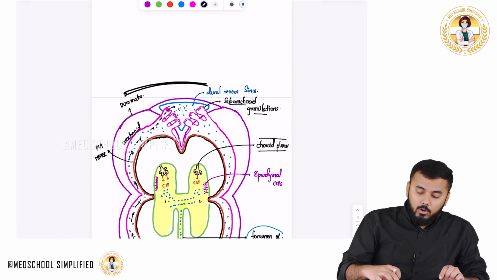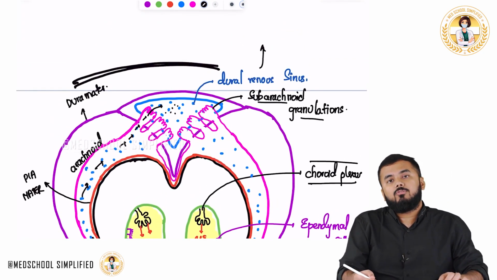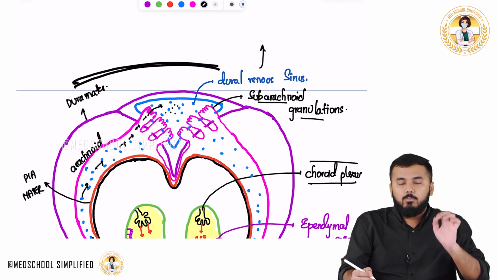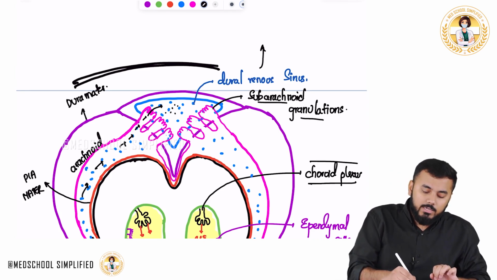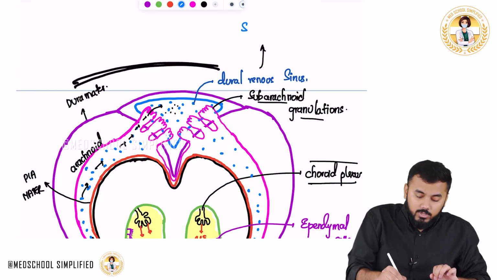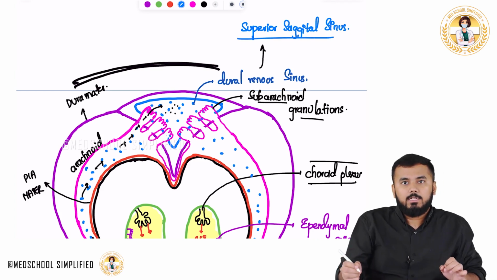So is this the end? No. From the dural venous sinus, your CSF will finally drain into another important sinus called the superior sagittal sinus. When I discuss the sinuses, you will understand.